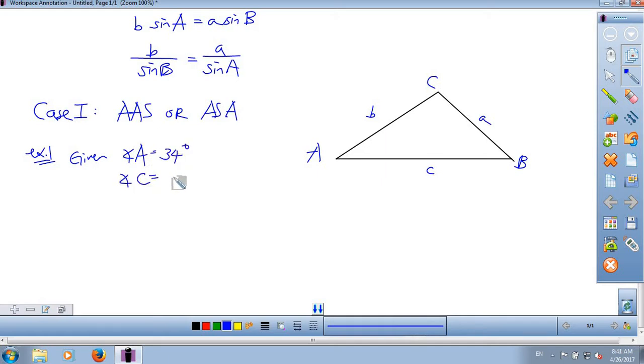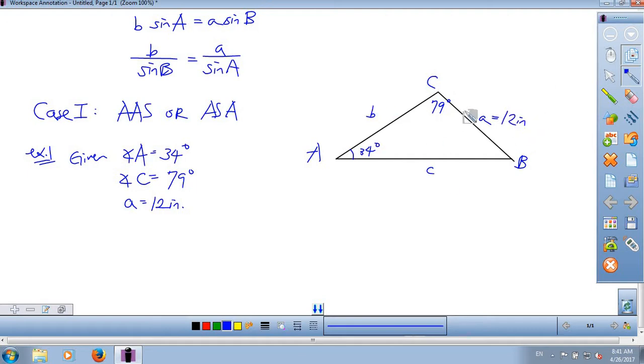Angle C is 79 degrees. And then let's do side A equal to 12 inches. Let's put that information on this triangle. This is 34 degrees, this is 79 degrees, angle C, and side A is 12 inches.